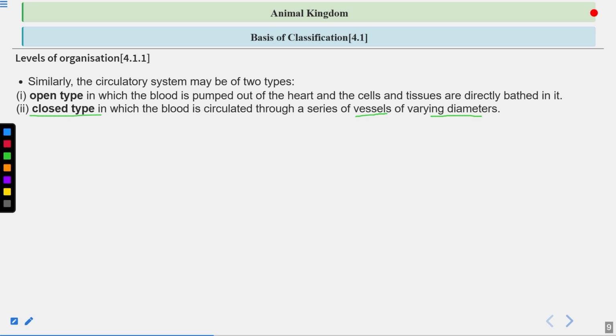Though annelida is a lower grade of organism than the arthropoda, still for the circulatory system, it is more advanced than the arthropoda, right? So this is very, very important to understand, the open type and closed type of circulatory system. Example: now these are the examples of the blood vessels: arteries, veins, and capillaries.